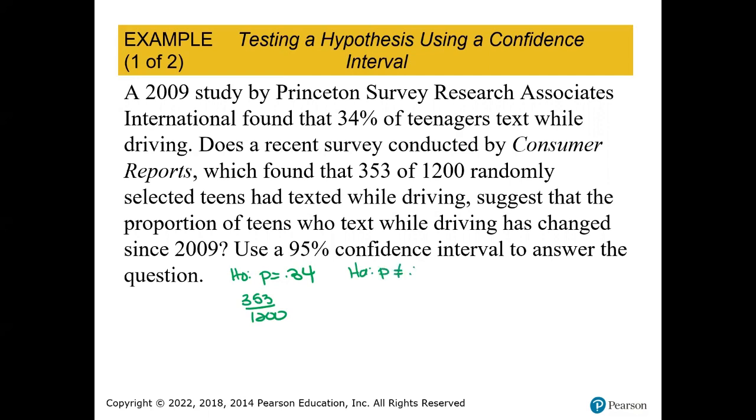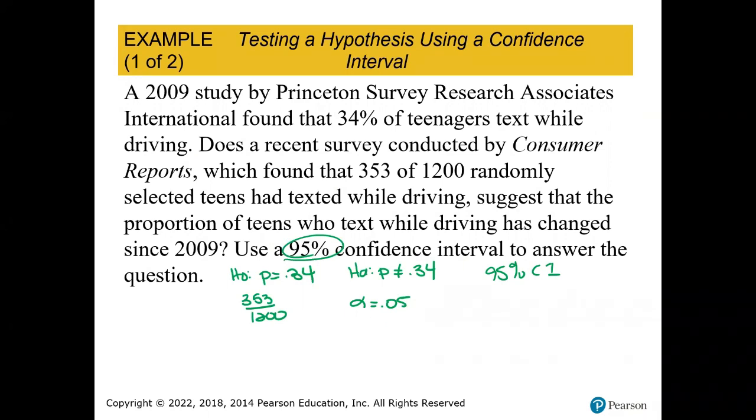So we're checking, is it different than that 0.34? And we're going to use a 95% confidence interval. So a 95% CI is the same as an alpha of 0.05. They go together. A 90% confidence interval is a 10% alpha.